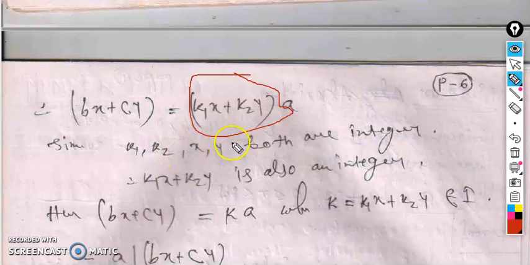Since the result is an integer, you can say that Bx plus Cy equals an integer, say k, times a, which satisfies the definition of divisibility. Exactly for that reason we say that A divides Bx plus Cy. Here is the line: A divides Bx plus Cy.